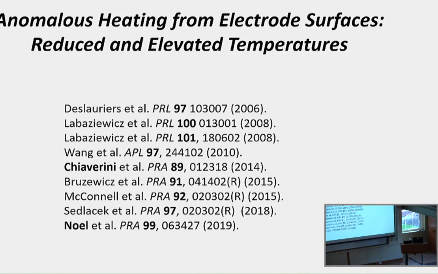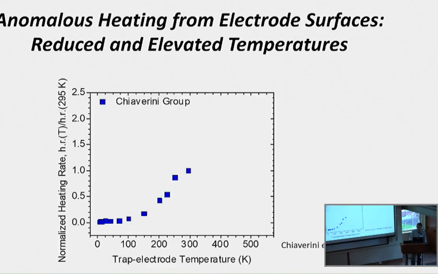But you see, a lot of people have done a lot of work. This paper by Cheverini was a very detailed reduction, variable temperature going down to 4 Kelvin. And this paper here was very detailed work going from room temperature up to, well, we'll see. I'll show you on the graph here just one second.